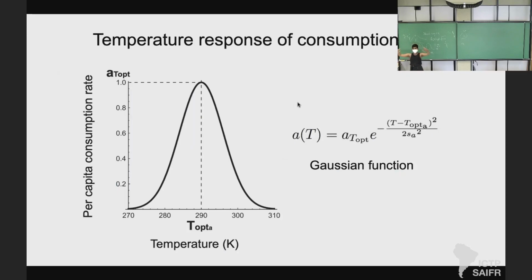If S sub A is large, you're a thermal generalist. If S sub A is small, you're a thermal specialist. So keep in mind, these are the only two temperature responses we are really looking at, exponential and Gaussian.